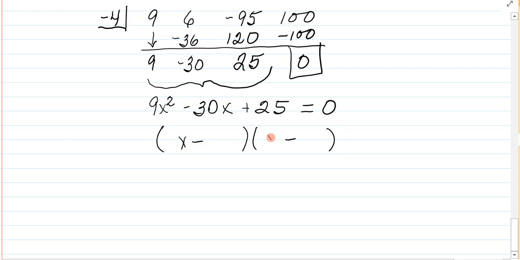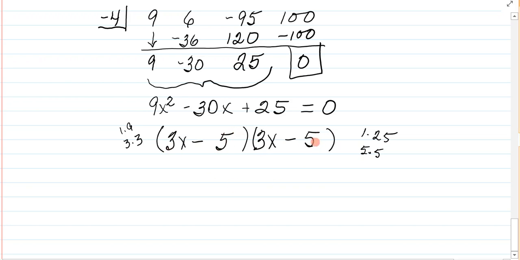Put in the x. To get 9, I could use 1 and 9, or I could do 3 and 3. For 25, I could do 1 and 25, or I could do 5 and 5. I'm going to use 3x and 3x, and I'm going to use a 5 and a 5.